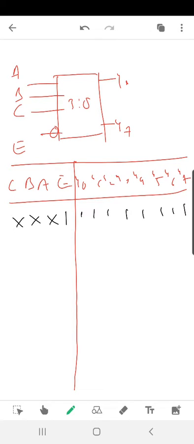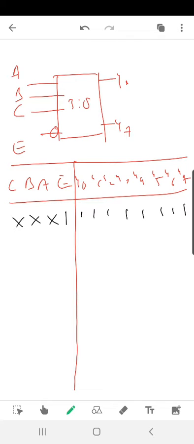And one more thing, I have already told you that in case of active low output, we will represent 0 in uncomplemented form and 1 in complemented form, because it is represented by our POS, product of sums expression.